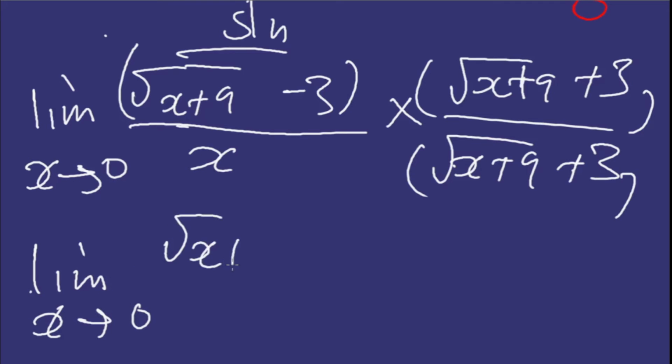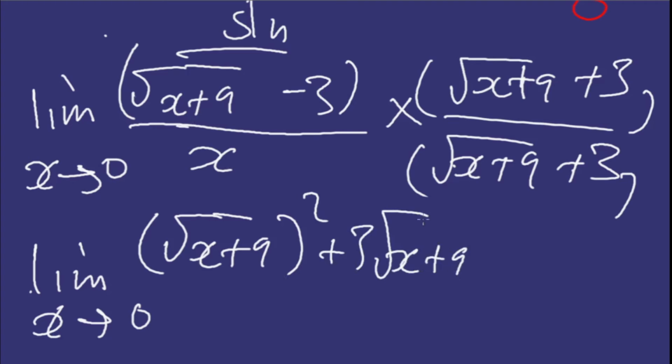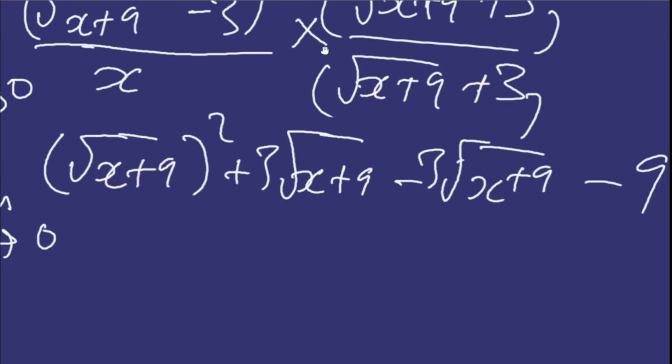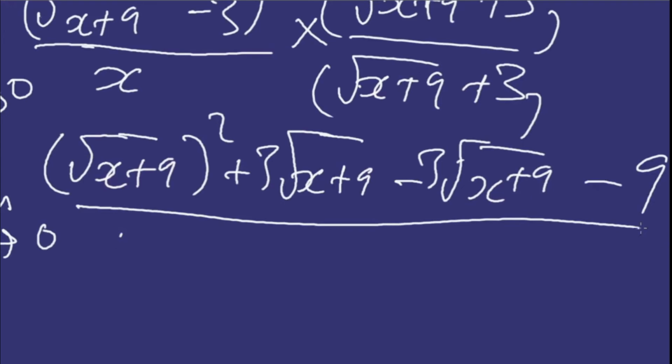You have something like this: because it's times itself, it will be squared, and then plus 3 times minus 3, so it will be minus 9. All that divided by this whole thing.